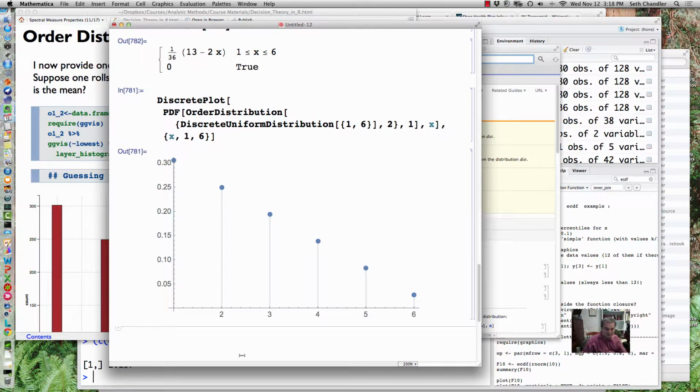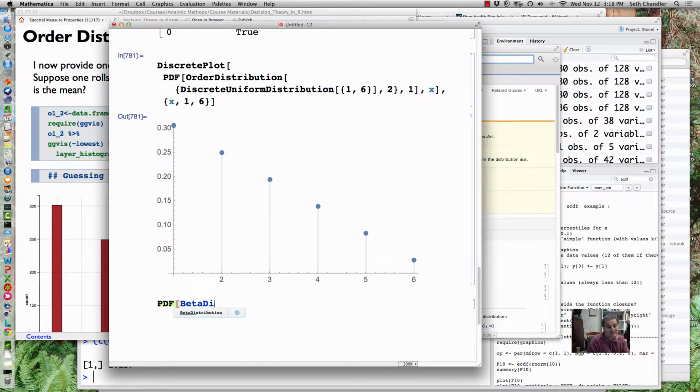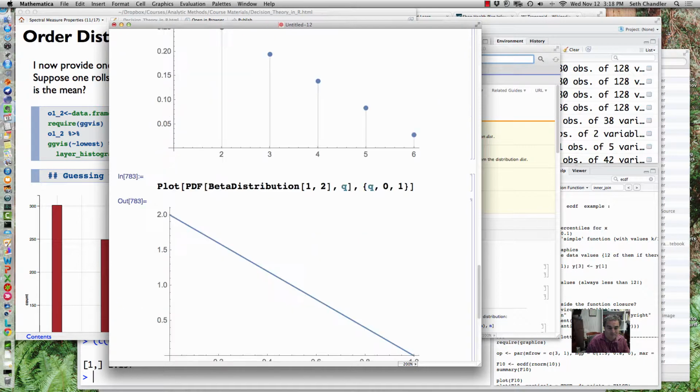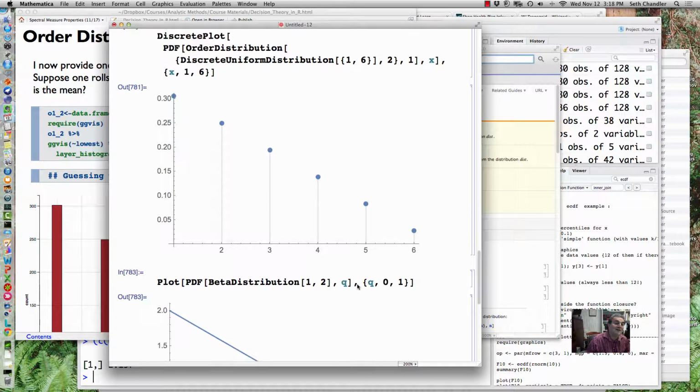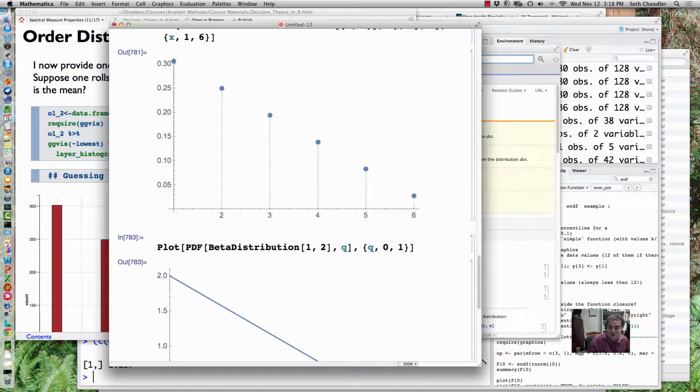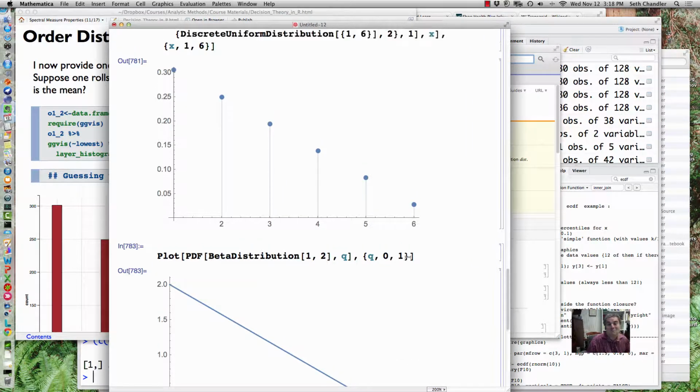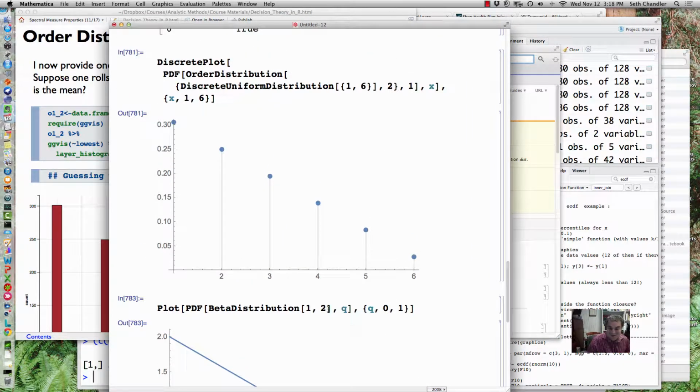Well, let's look at the PDF of a beta distribution on 1, 2 of Q, and let's plot this as Q goes from 0 to 1, and it's a line. Now, could that just be a coincidence that this number is 2 and that number is 2?